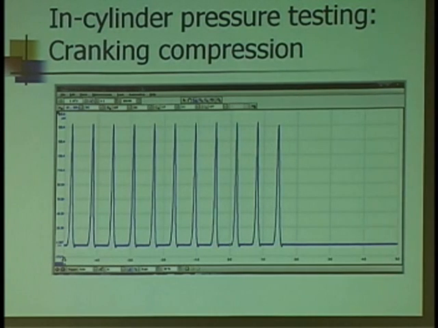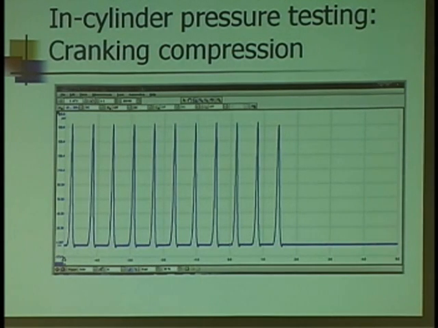Now, here's another thing that's a really good use for the scope. We're still talking about mechanical condition of the engine, and that's looking at the in-cylinder pressure. You determine that you have to do a traditional compression test. And I can either pull out my Craftsman Sears mechanical gauge, or I can pull out my transducer.